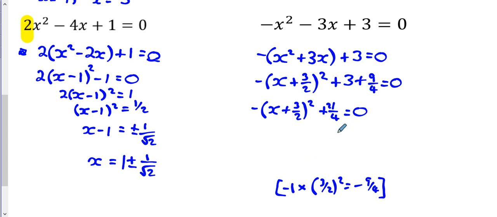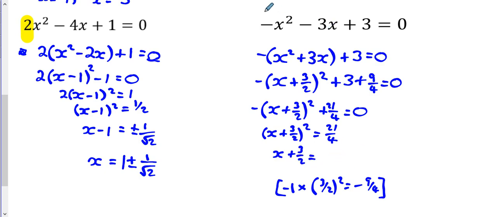Now to solve this, I could subtract the 21 over 4 and then divide by minus 1, or I could add the bracket instead so that both things become positive. I'm going to do it that way, but I'm going to keep the thing I'm looking for on the left hand side. So adding this to this side would make it into that. Next is the square root.